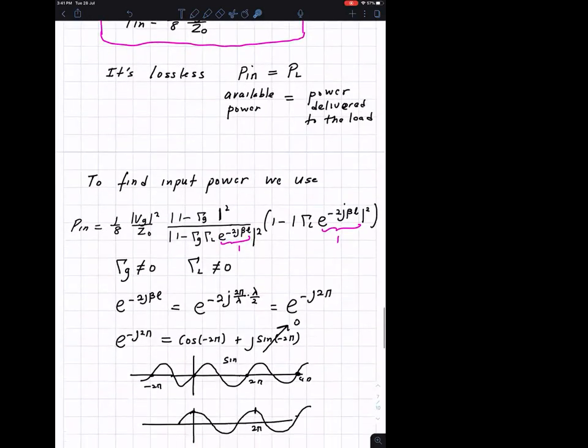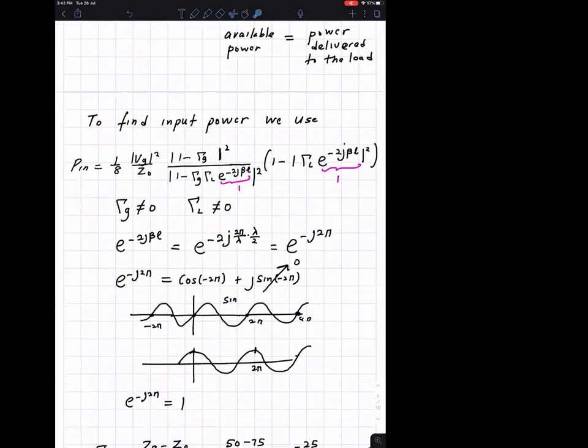If you have mismatch for loads and line, then you have to use this formula.